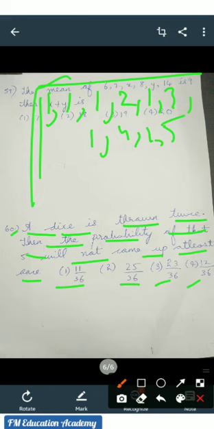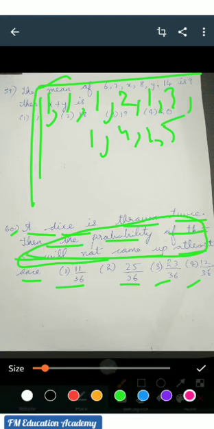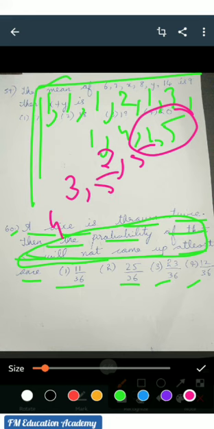In whichever row or column we have 5, because it says 5 will not come up at least once, it should not be there either one time or two times. So we have to remove that. Here you have 1,5, then similarly 2,5; 3,5; 4,5; 5,5; 6,5.